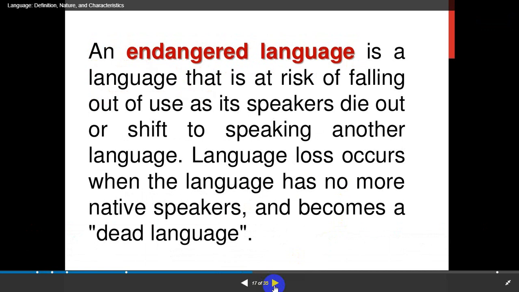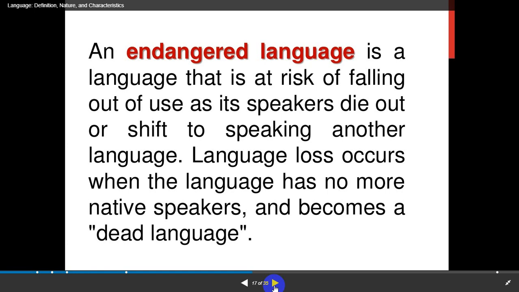An endangered language is a language that is at risk of falling out of use as its speakers die out or shift to speaking another language. Language loss occurs when the language has no more native speakers and becomes a dead language.